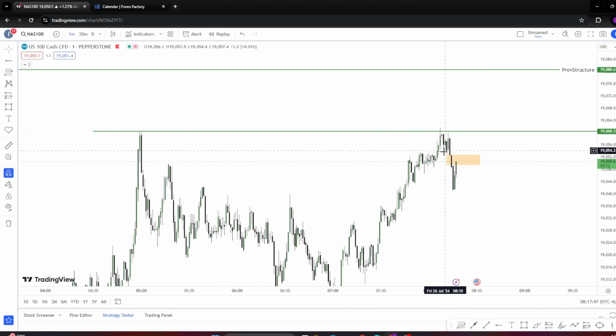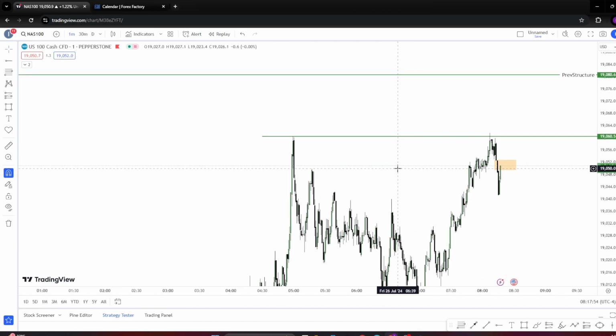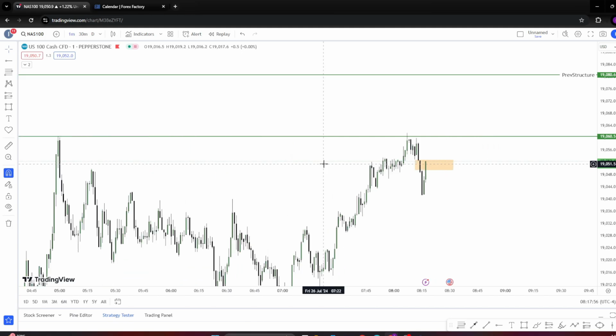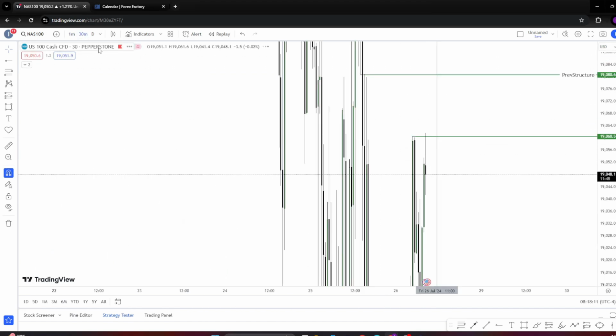Yes, there's sort of a shift here. You can see that we've broken below the previous structure point, but the level here is not really good for me to trade, and I'm sure that there's a lot of people looking to take this trade. Well, it could work, it could not work, but that's not my trade. Even though there's a trade here to be going short, that's not my type of trade, and that's what makes my edge profitable.